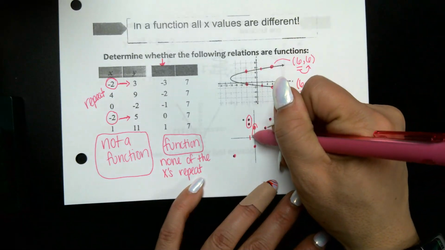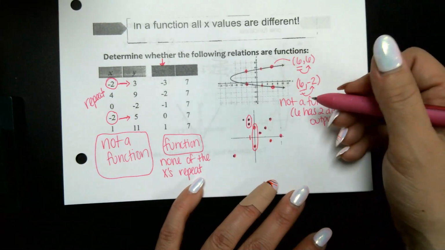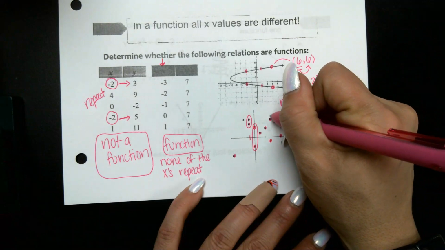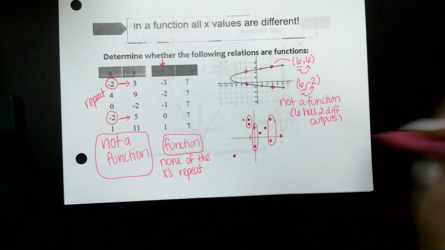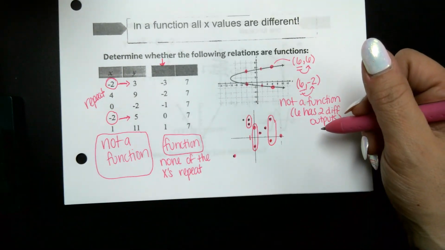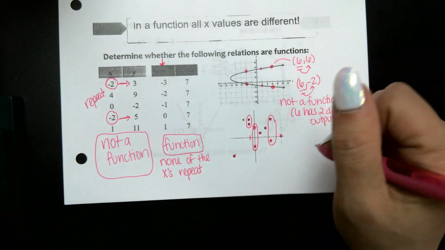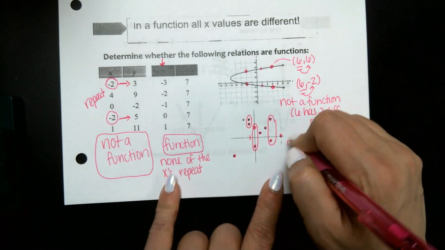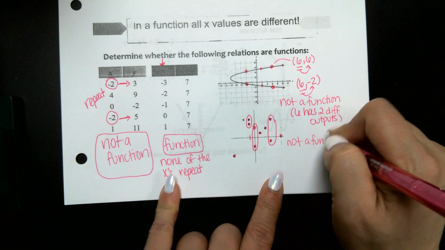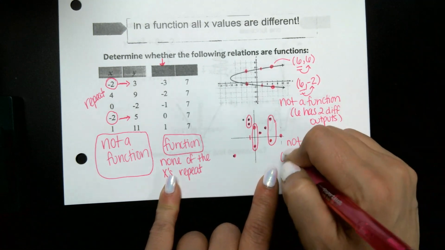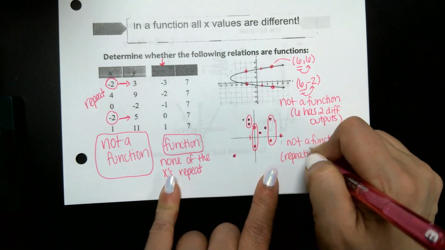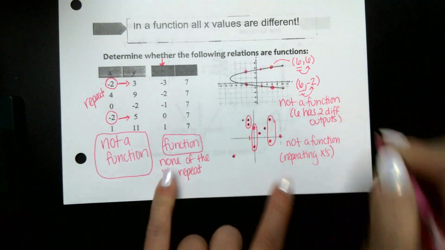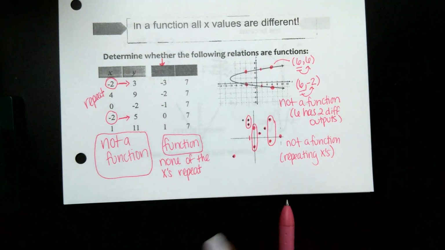And then don't both of these start with 0s? And then both of these start with 3s? So are you allowed to have that happen for a function? No, so this one would not be a function either. And I would just say repeating x's. And then whenever you're ready, go ahead and turn the page.